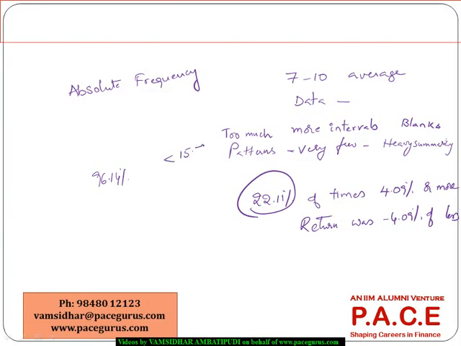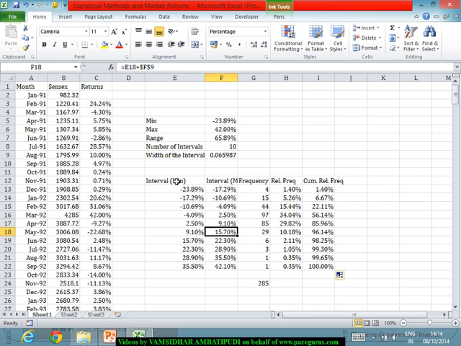So either it goes into a loss, or only in 3.86% of the cases has the Sensex given a monthly return of greater than or equal to 15.7%. All these kinds of summarizations can very well be brought out once I am looking at the cumulative relative frequency.